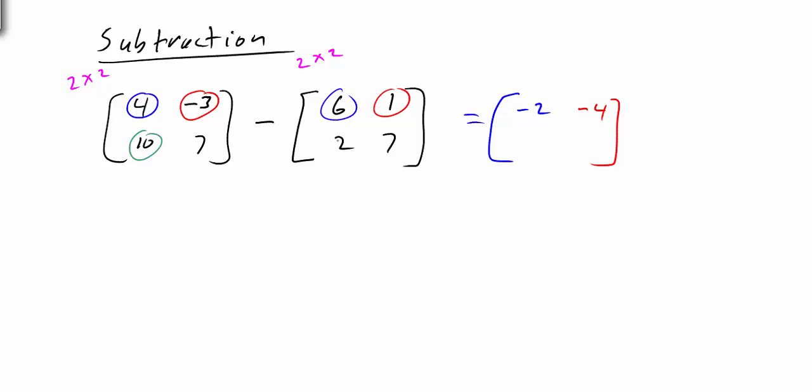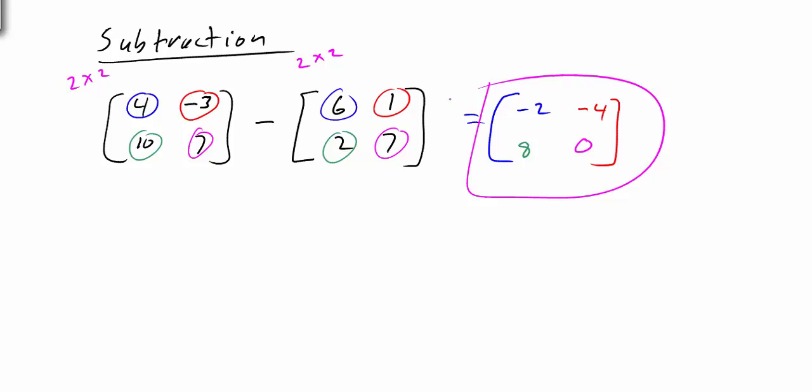And then we'd have 10 minus 2, which is 8. And 7 minus 7 would be 0. So your answer is negative 2, negative 4, 8, and 0. So when it comes to adding and subtracting, you simply add and subtract the corresponding entries of your matrices.